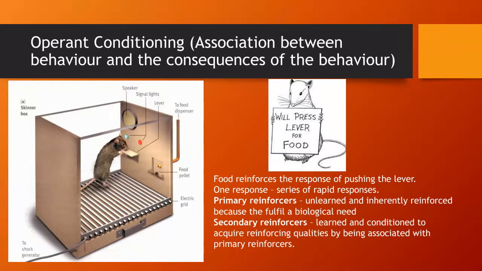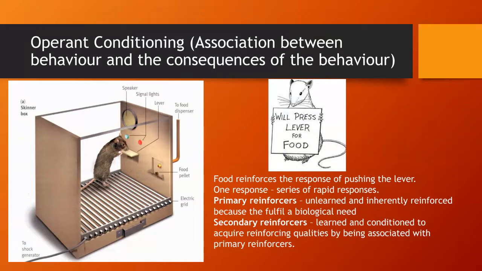And a secondary reinforcer is something learned and conditioned to acquire reinforcing qualities by being associated with primary reinforcers. So food might not necessarily be the reinforcer, but it could be something to do with a smell. We have now learned that the smell that's linked to the primary reinforcer means that we will be rewarded with food.